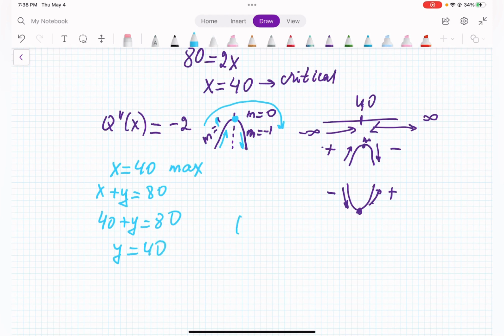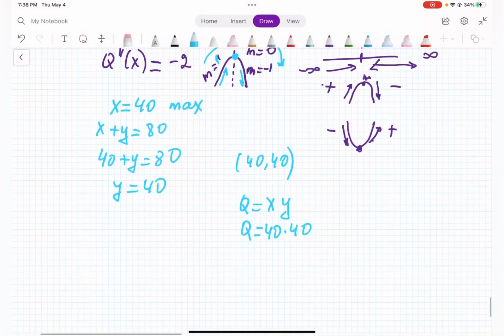So at the coordinates (40, 40) we have the maximum value. Our Q was x times y, so 40 times 40 is 4 times 4, 16, and 2 zeros attached: 1600.